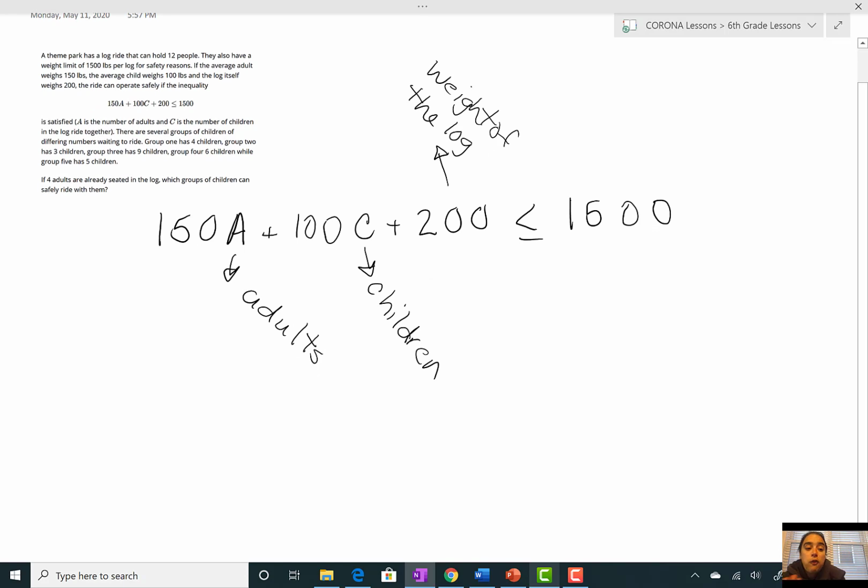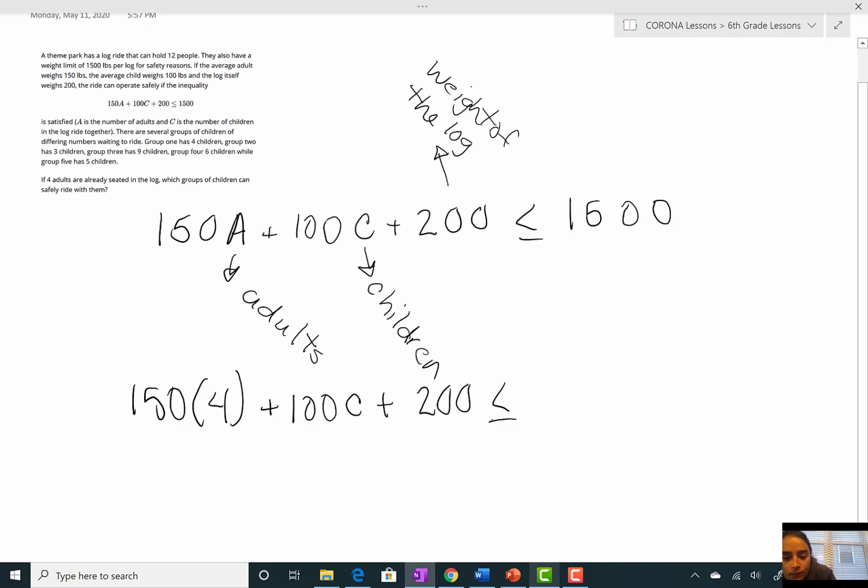So we already know 4 adults are seated in the log ride. So I'm going to plug in a 4 for the A. Write everything else the same way.